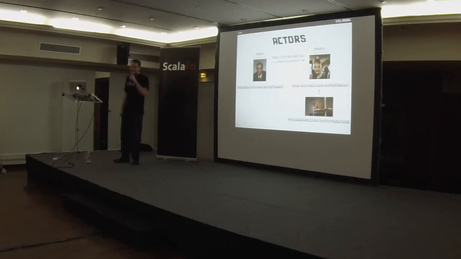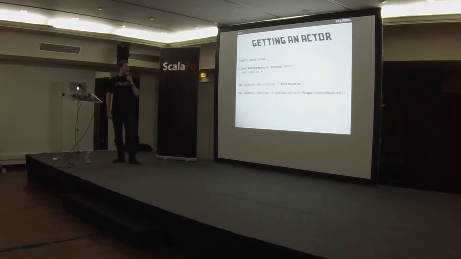And then they send each other messages, and they can reply, they don't have to reply. And what you will notice here, you have these URLs. So this is the actor reference. And the actor reference is like a phone number that you can use in order to reach an actor. So if you want to get an actor, you first have to extend the actor trait here, up here, and implement the receive method.